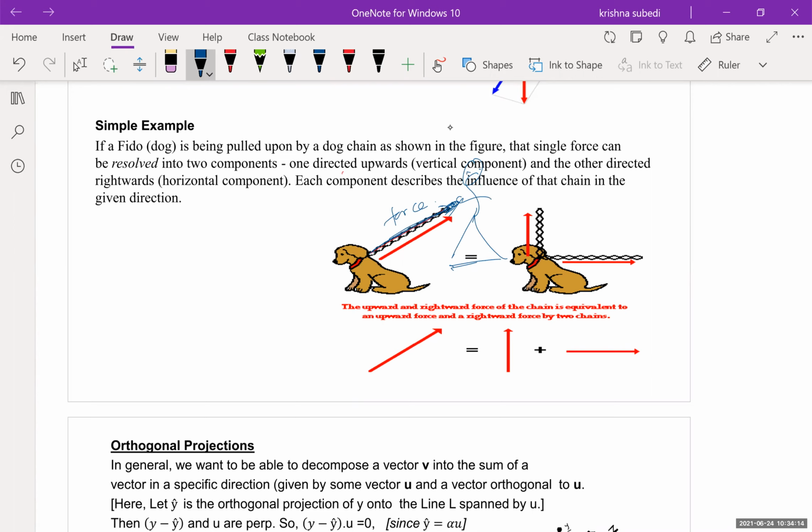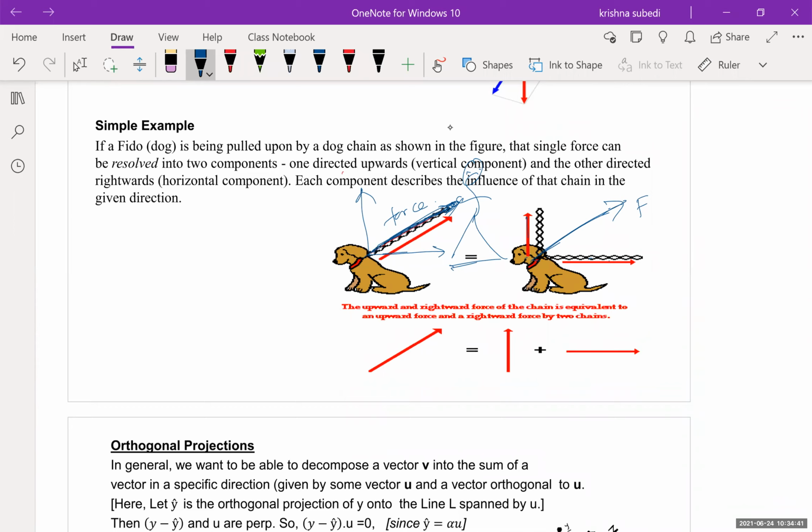What we want to do is decompose this force into two perpendicular forces, like this. This one is the real force that you are applying to your dog. But if you can decompose this force into two orthogonal vectors, then it makes the calculation a lot easier.